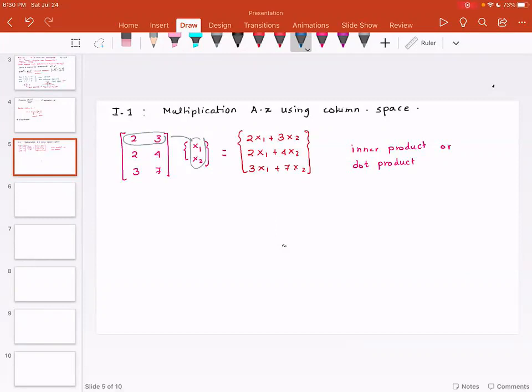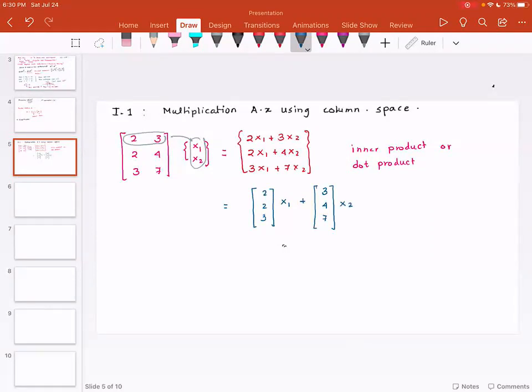I'm going to do the multiplication using the columns. So same multiplication, except now I want to write this as 2, 2, 3 multiplied by x1 plus 3, 4, 7 multiplied by x2.